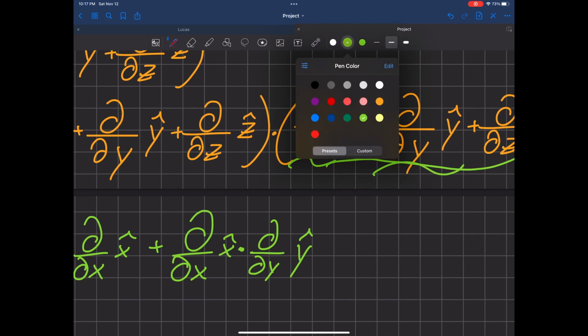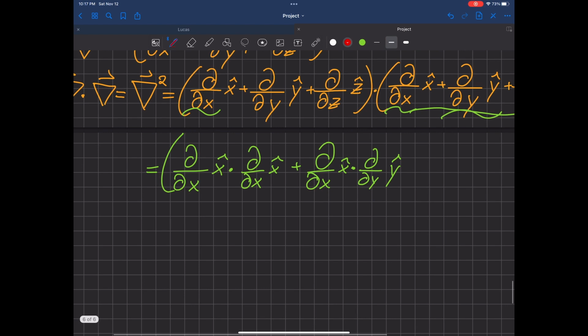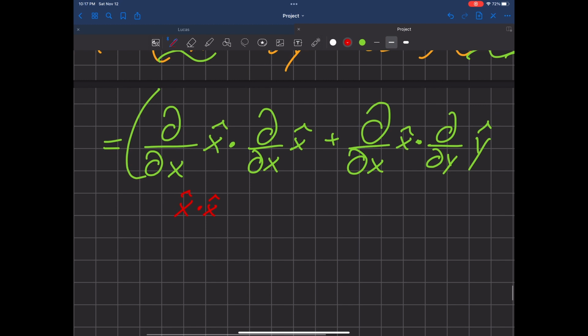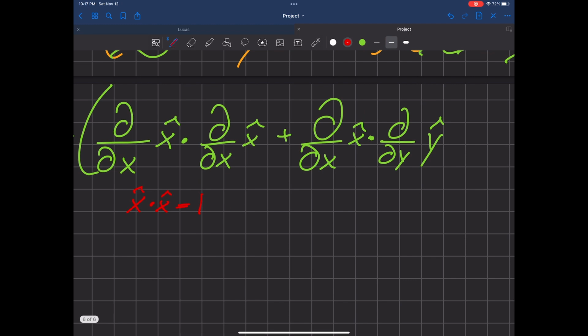If you can recall from maybe linear algebra or calc 1, 2, 3, I don't remember which one we learned this in, but this is an aside: x hat dotted with x hat is equal to 1. I'll explain why in a second. If you don't get that, don't worry. X hat dotted with y hat is equal to 0. Why?